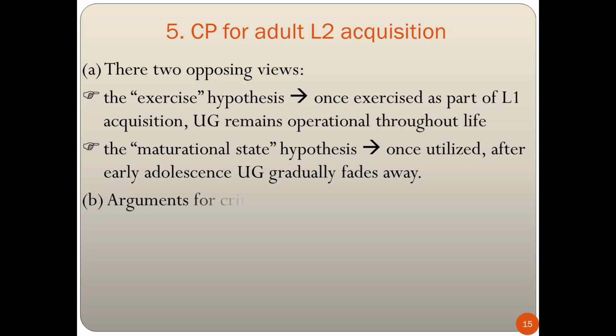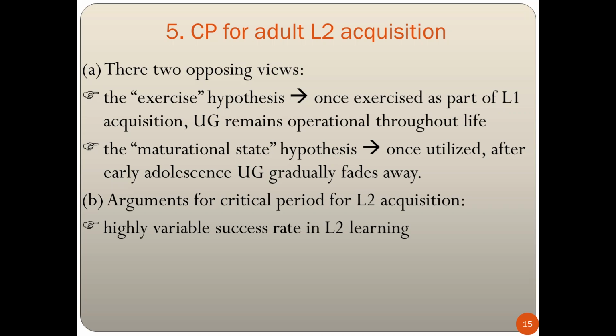Now let's consider some of the arguments that are proposed in favor of a critical period for second language acquisition. Okay, so again, this is something that we discussed with reference to the fundamental difference hypothesis. Highly variable.